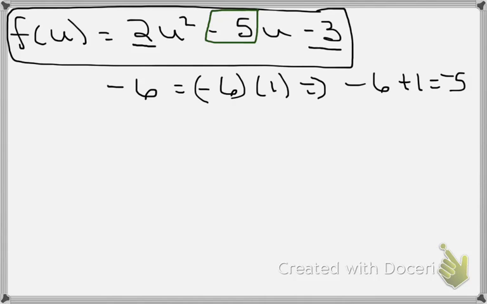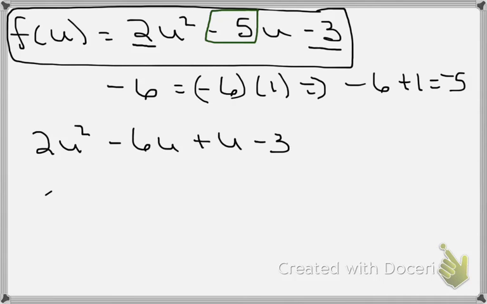And so I'm going to rewrite my quadratic function as 2u squared, because I want 4 terms here, because I want to be able to factor by grouping. And then that's going to be minus 6u plus u minus 3. I'm just going to double check here. Minus 6u plus u does equal minus 5u, so I've got that set up correctly. Okay, so I'm going to group the first two and group the last two because I think they've got common factors.